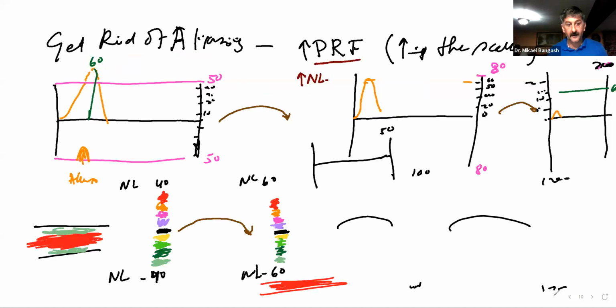So, my dear, this very same thing is going to happen on your color map. Because here we had aliasing. This was a blood vessel with aliasing, right? We increased the scale and we got rid of the aliasing.